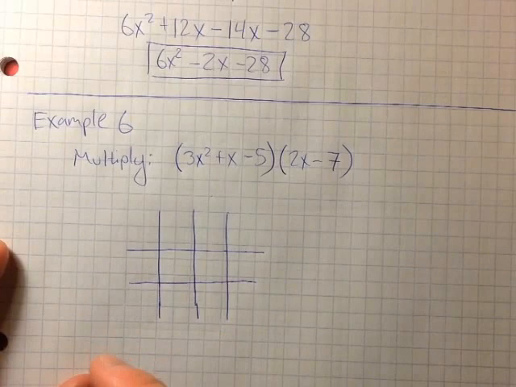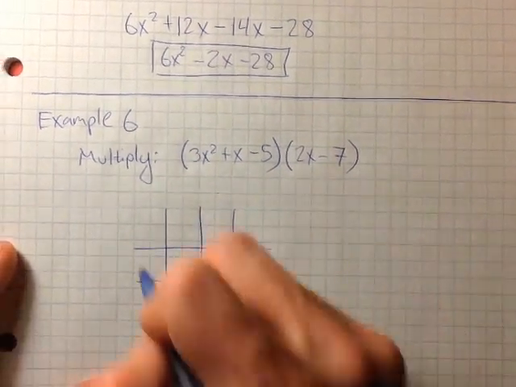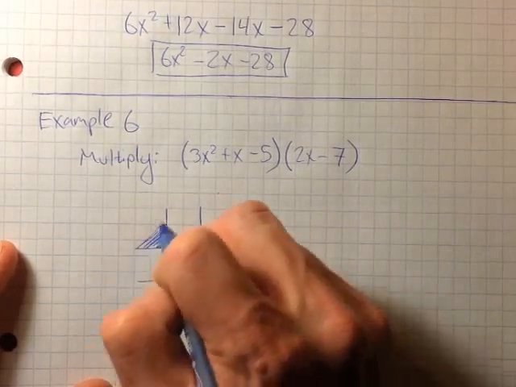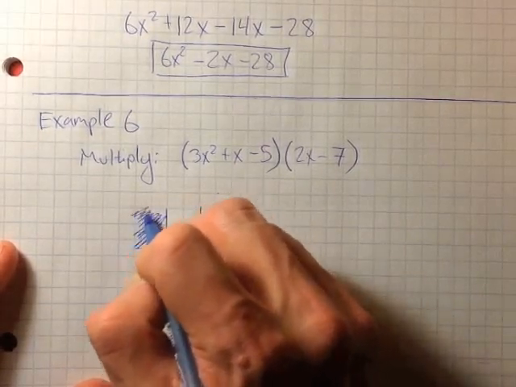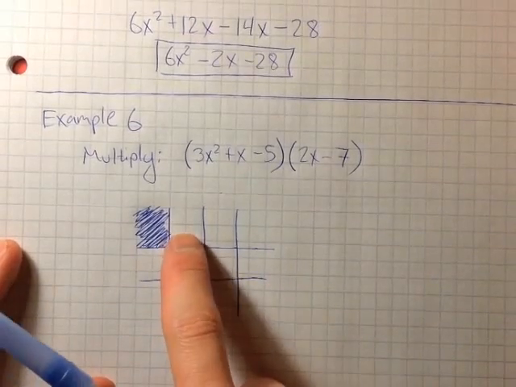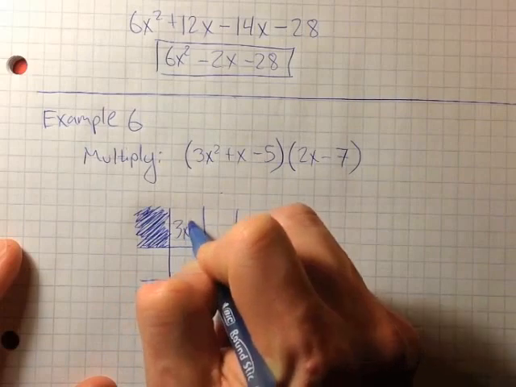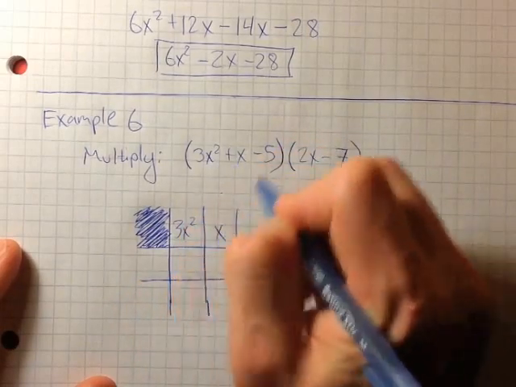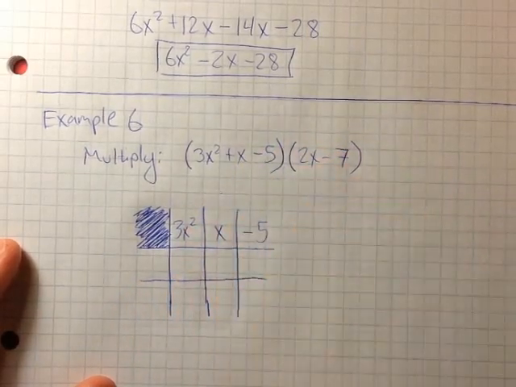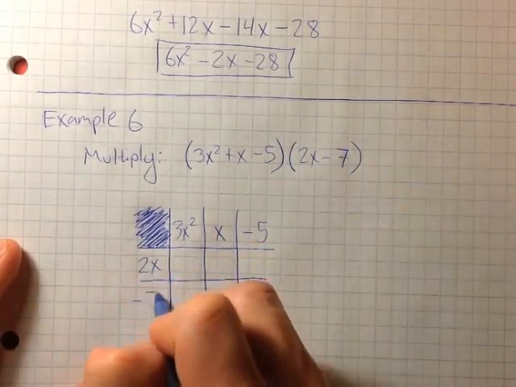Okay? That's one of the beauties of the box method. You can do it any number of ways. Up here, we're not going to need that square, so get rid of it. Now, what's going to go up here is 3x squared, x, and negative 5. Over here, 2x and negative 7.